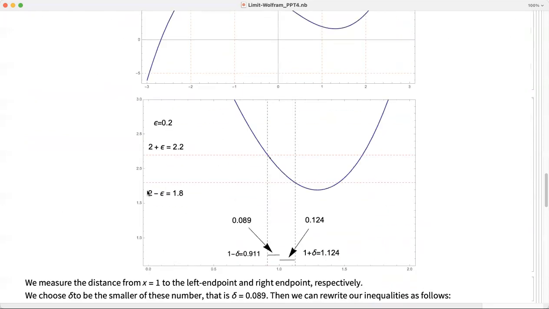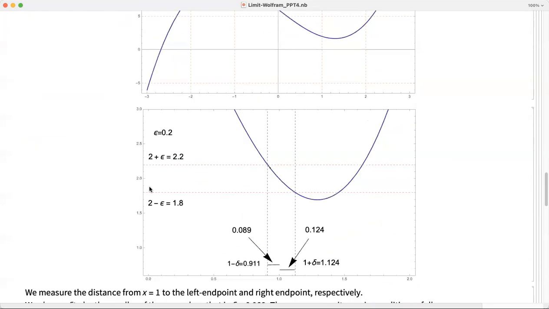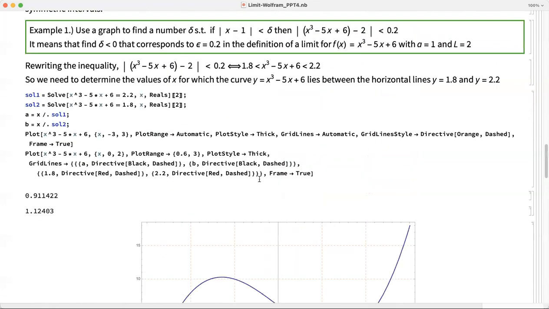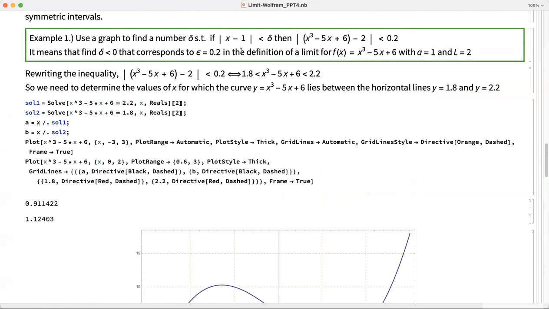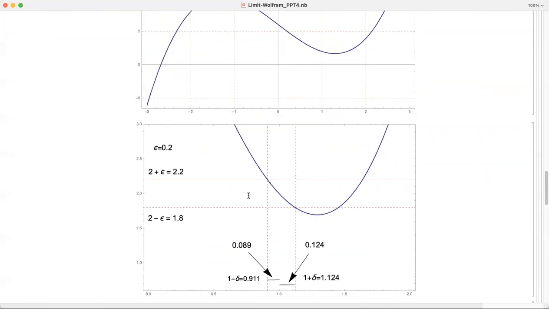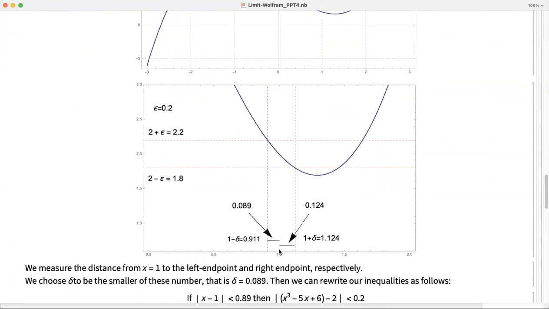And right there, L is 2, and x approaches 1. So we want to figure out the interval near 1 so that f(x) lies within 0.2 of 2. Here's 2.2 and here's 1.8, which means 2 plus epsilon and 2 minus epsilon.